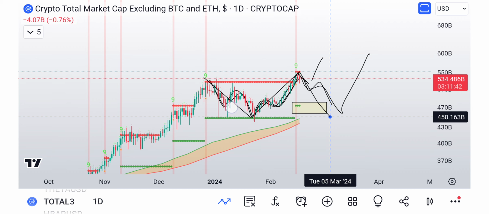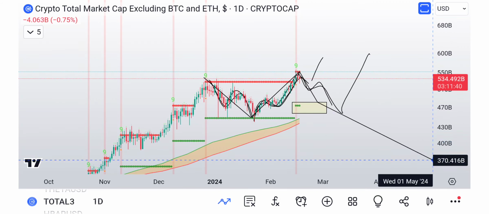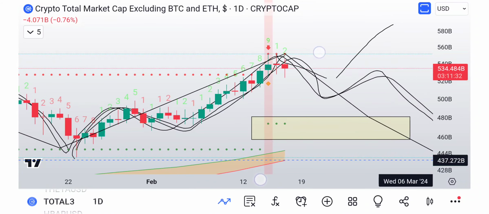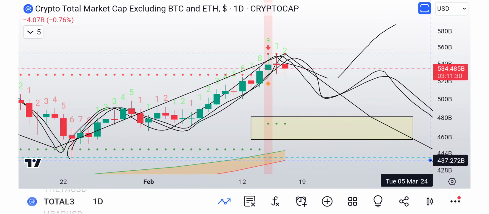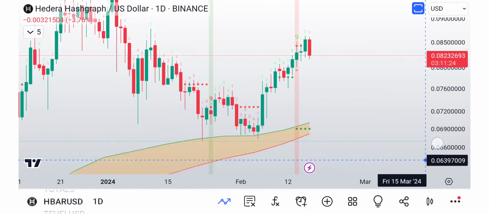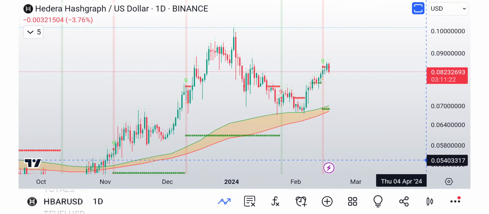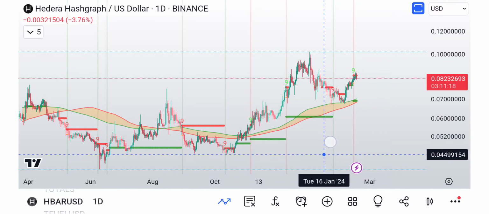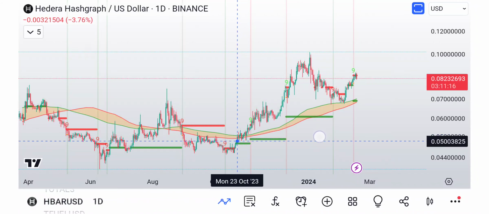But yeah, thinking this is a flat here potentially, but there's a couple other things that could be happening as well. But just wanted to point out this 9 here, which, by the way, I didn't even know it was there. Haven't looked at the total 3. I was just kind of scrolling by because I wanted to peek at H bar for a second to let you know how it looks compared to Theta.